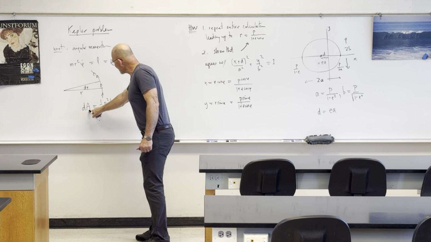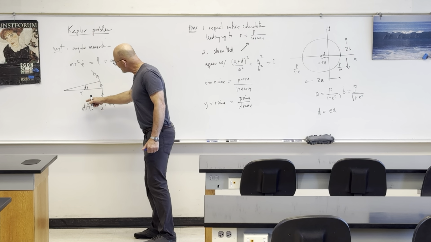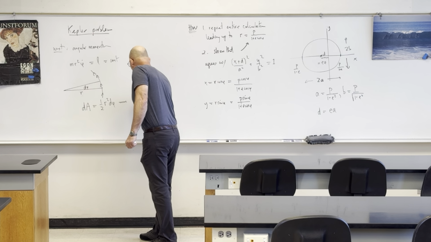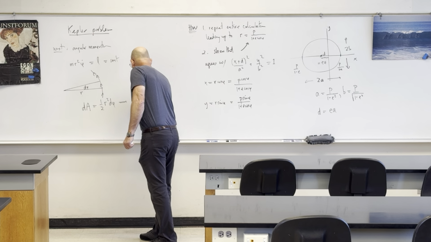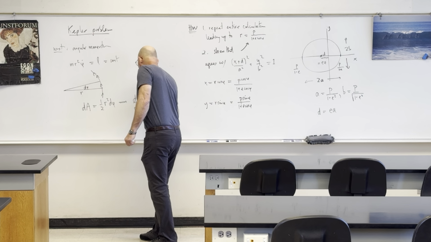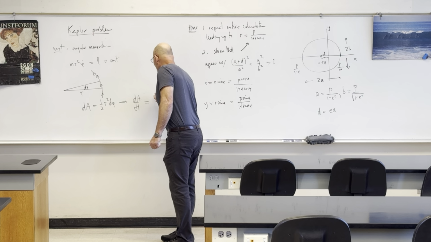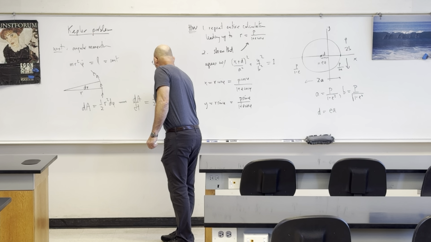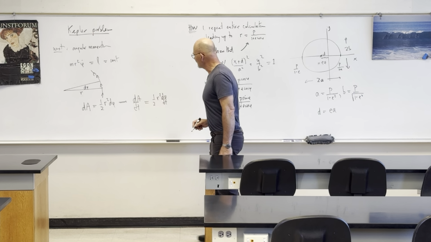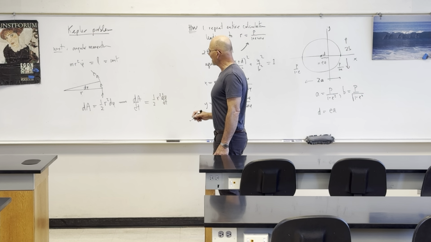So the area that's being swept out is going to be dA dt equals 1/2 r squared d phi dt as the planet does its orbit.